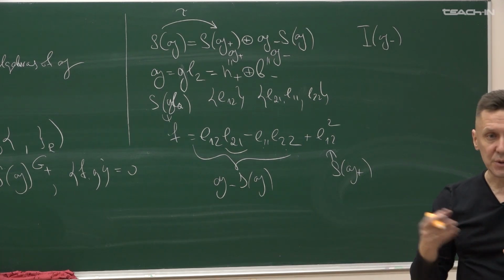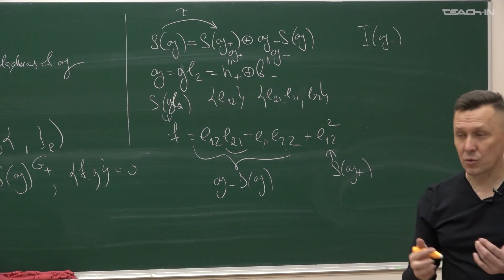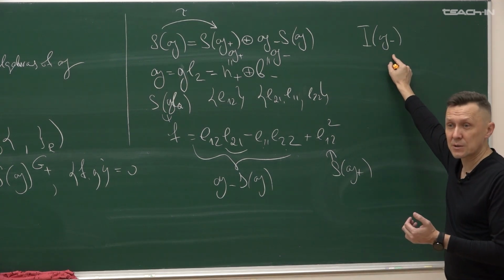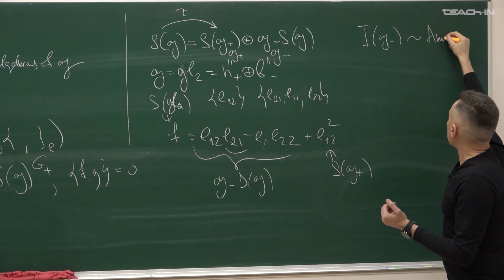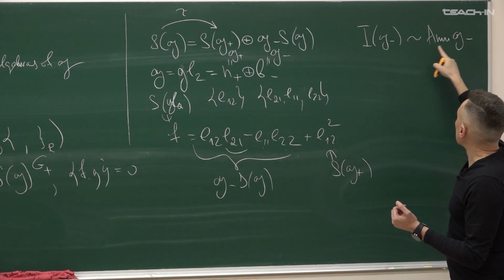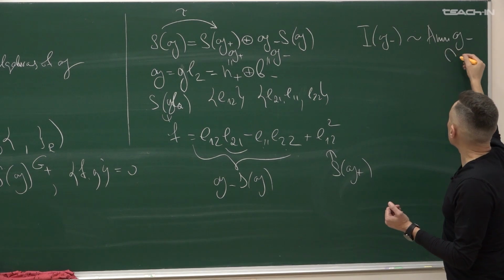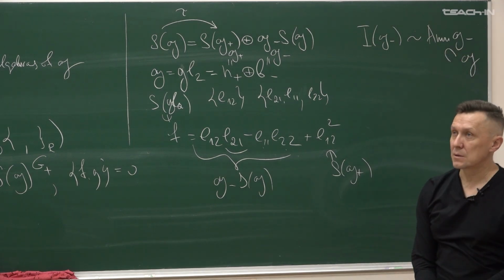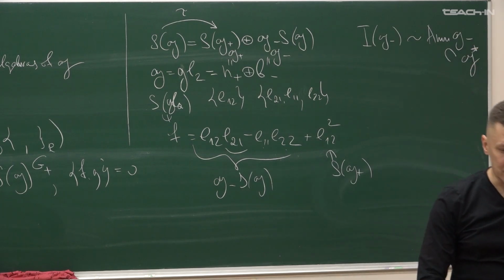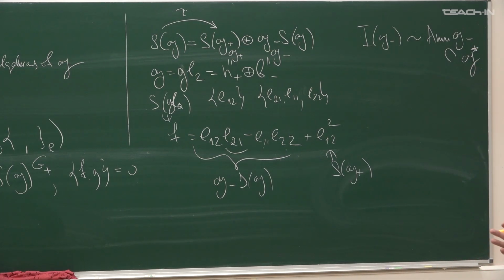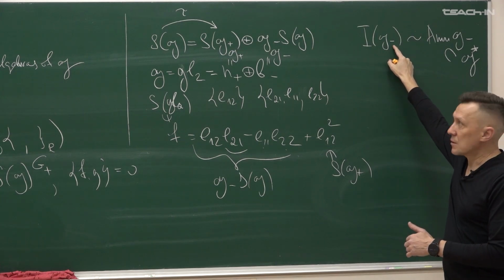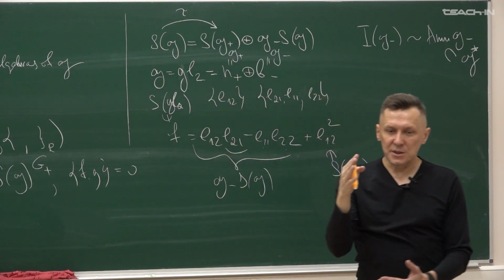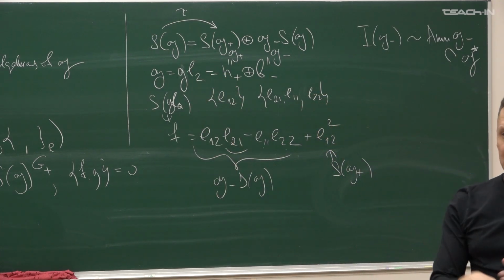So there is this correspondence between ideals and subvarieties. Our variety is g star, and in this variety there is a subvariety on which all elements from g minus are zero. This projection is the restriction of all functions to this subvariety.